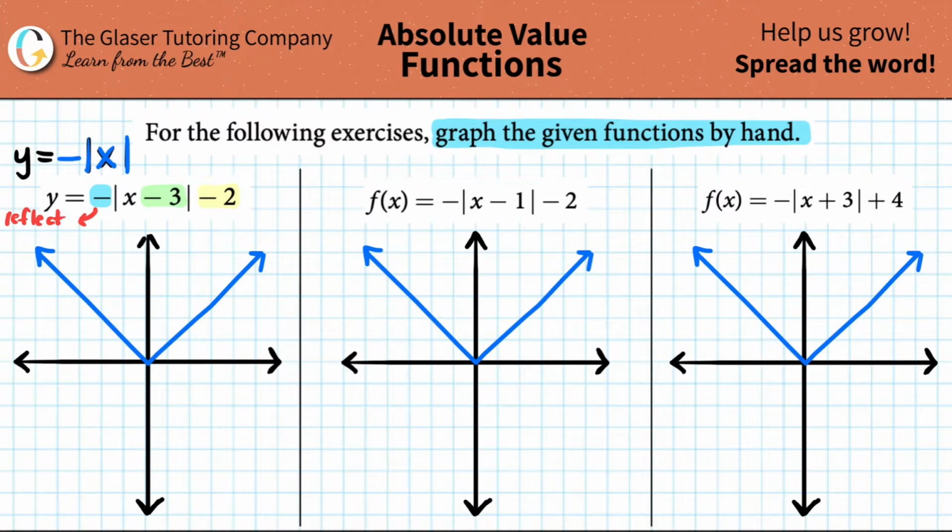It's a reflection over the x-axis, and the x-axis is this line over here. So basically what you're doing is manipulating this graph and turning it over to the flip side. You're literally flipping this whole graph. So instead of it being a V, it's now going to be a mountaintop.